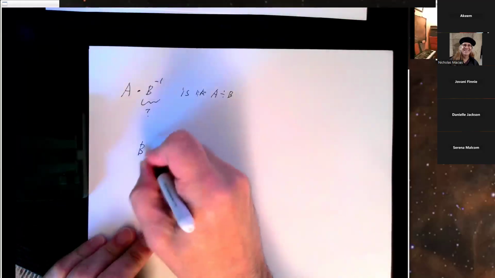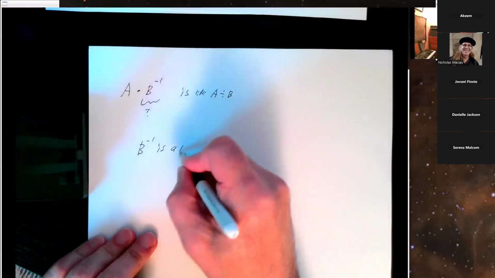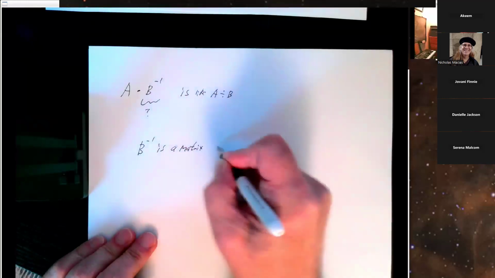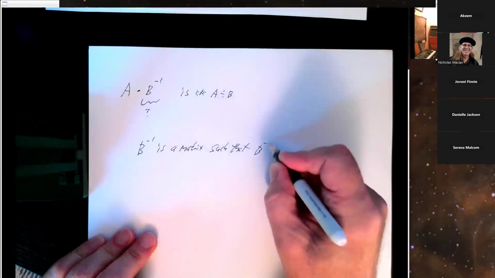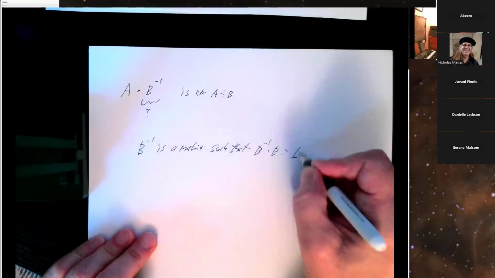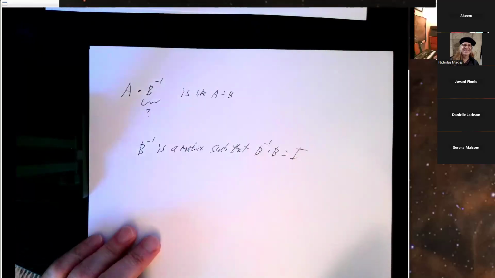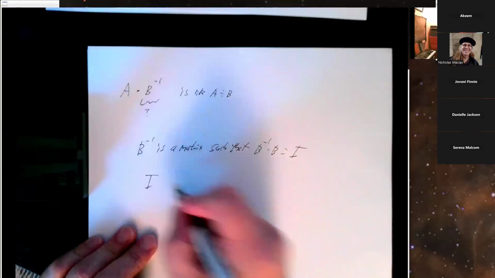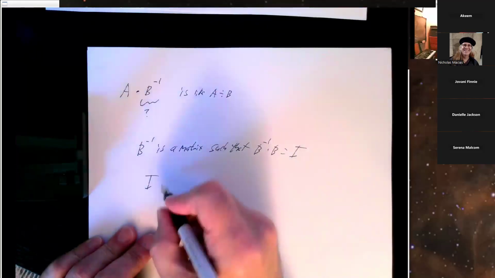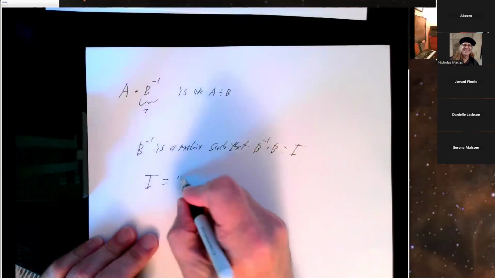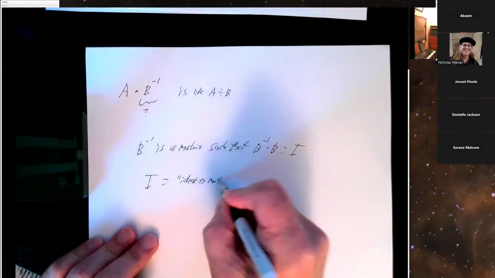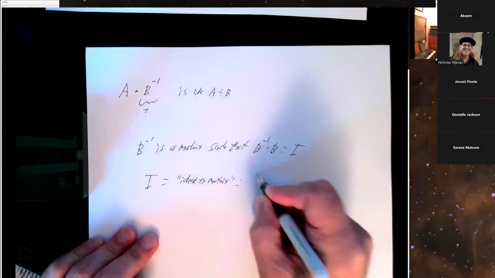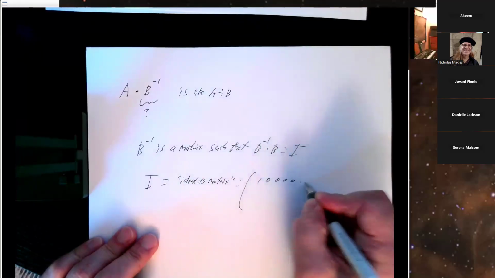So B inverse is a matrix such that when you multiply by B, you get something like 1. We don't actually get 1, we get a matrix. So this matrix I is called the identity matrix.